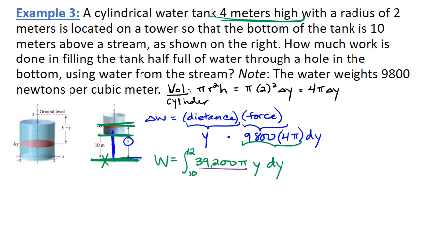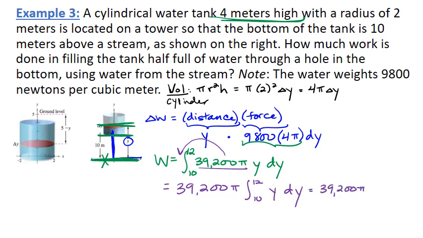We can take this constant out, so we will have this on the outside, and really we are just integrating y. So this is pretty simple to integrate, which is nice. We'll have 1/2 y squared, and we will evaluate that from 10 to 12.